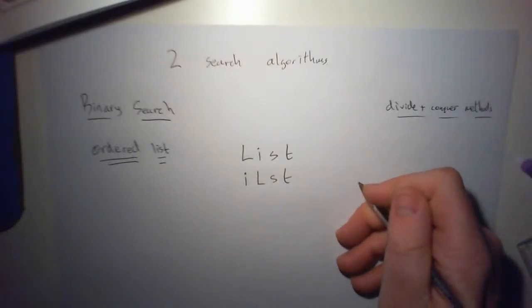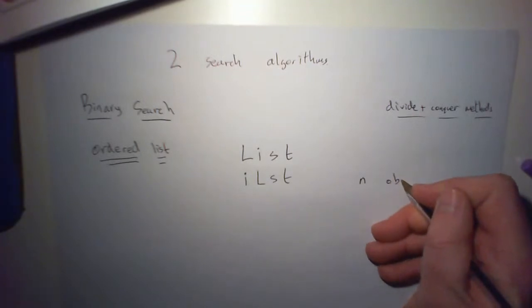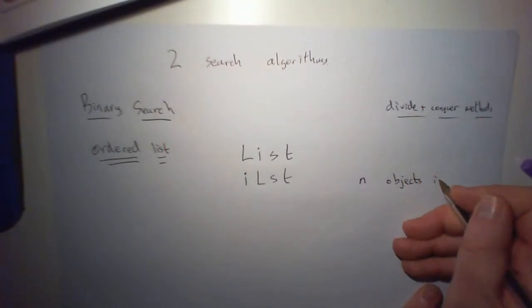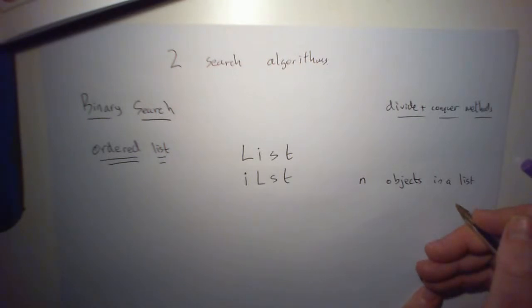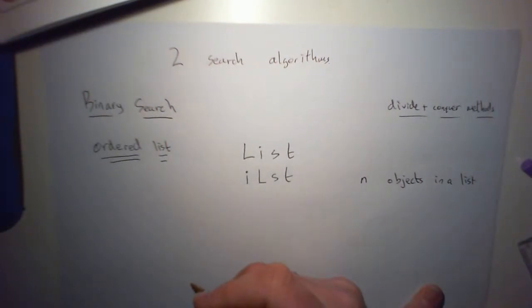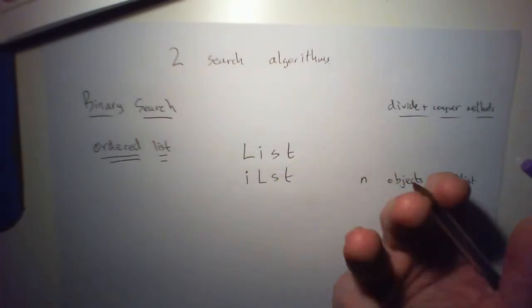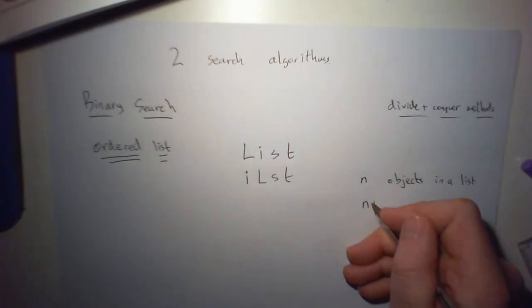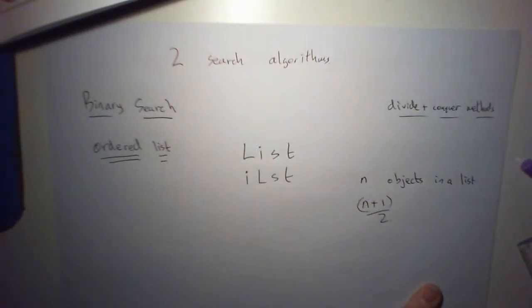Now, this is the important thing. If you have n objects in a list, you go n plus 1 over 2 to give you the middle one, or the position of the middle one, for want of a better word.